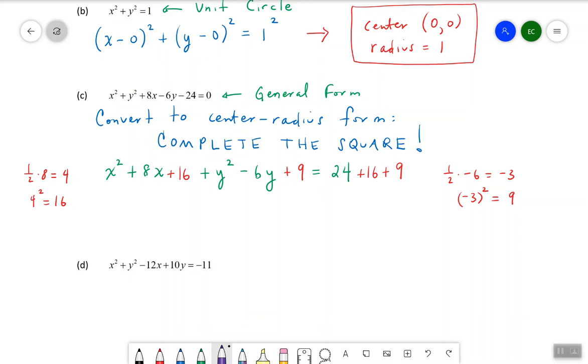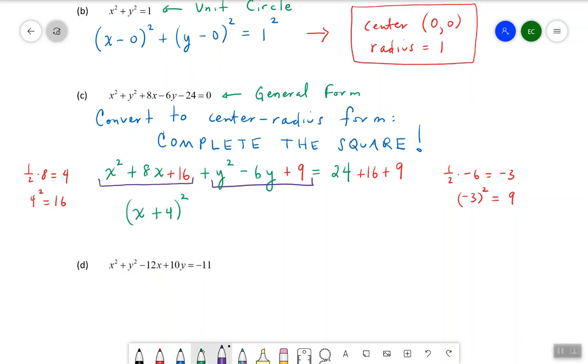Now what I want to do is factor this trinomial, and of course the two factors are going to be x plus 4 times x plus 4, which we're just going to write as x plus 4 squared. And then we're going to factor the trinomial with variable y.